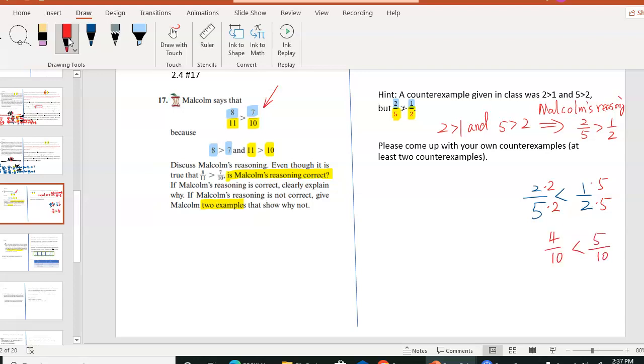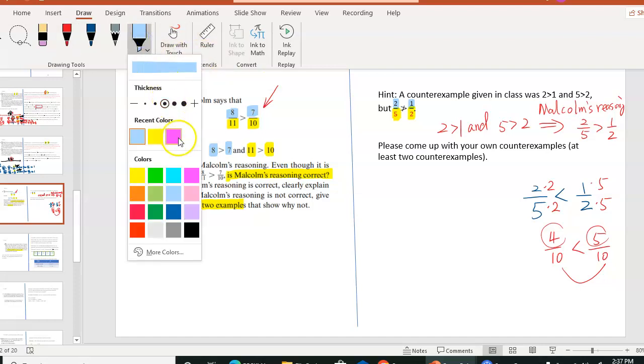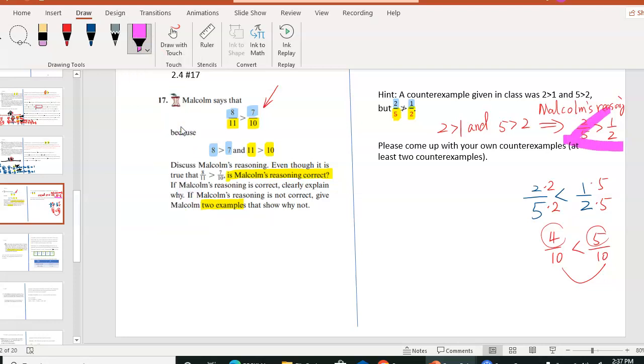Notice that 4 parts is less than 5 parts if they have the same size slices. So 2/5 is smaller than 1/2. It's not bigger than 1/2. If I use his reasoning, I'm going to get the wrong answer. So I should label this incorrect.